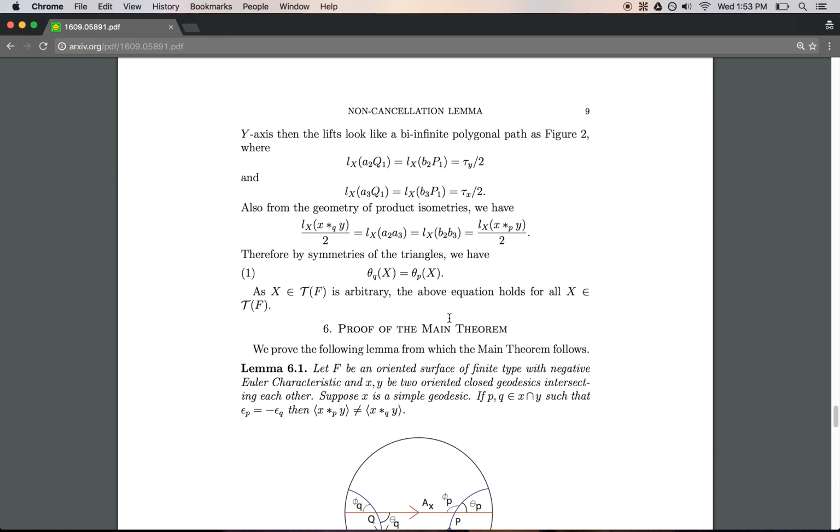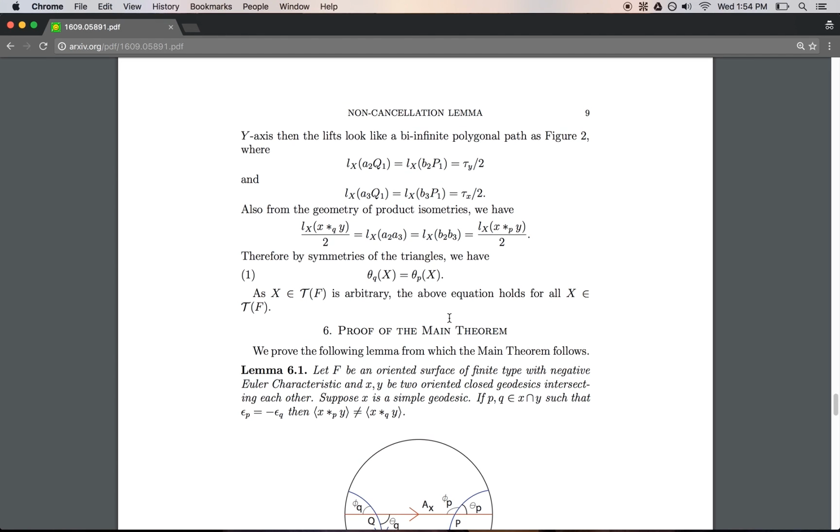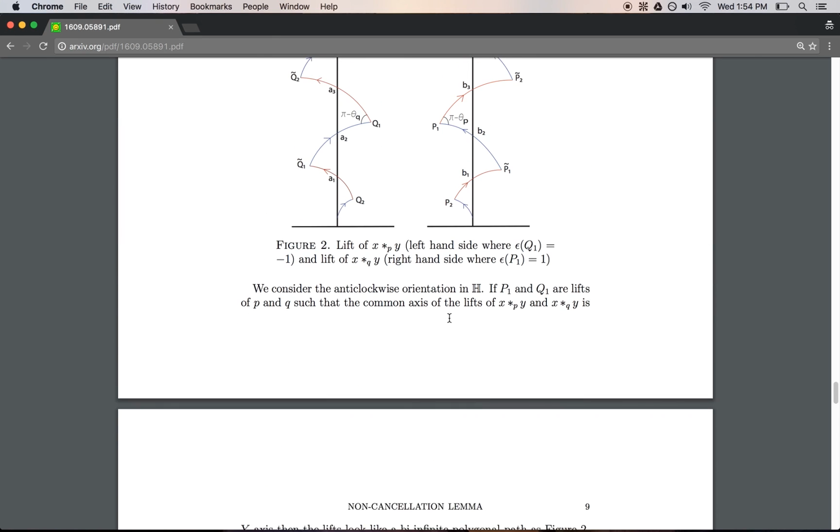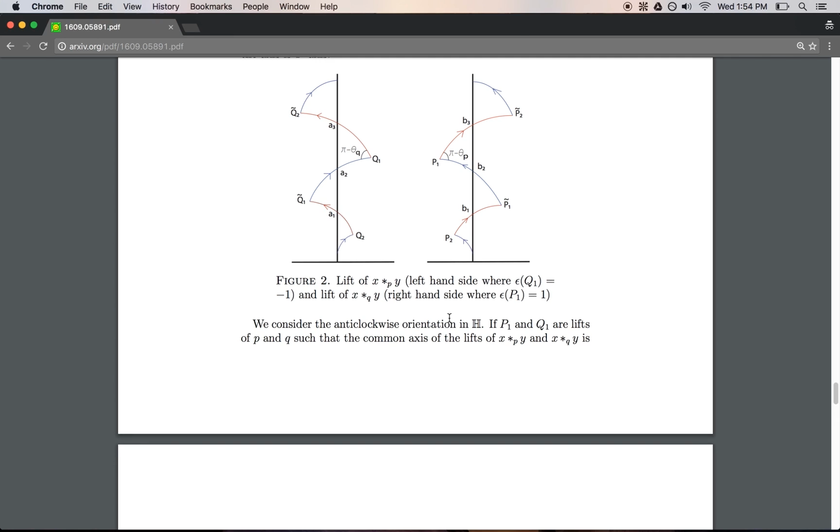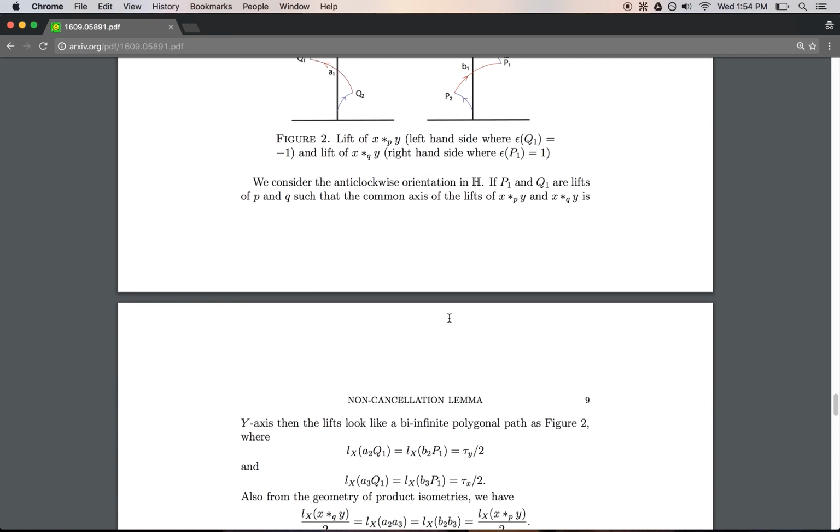Also from the geometry of product isometries, we have L sub x of the loop product of x and y at Q over 2 is equal to L sub x of A2 times A3, which is equal to L sub x of B2 times B3, which is equal to L sub x of x loop product y over 2. And these points are intersections with the axis in the lift.